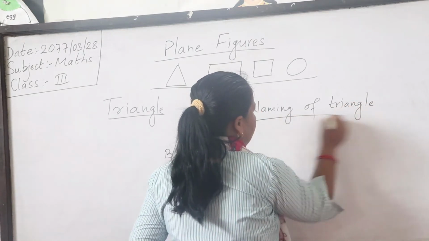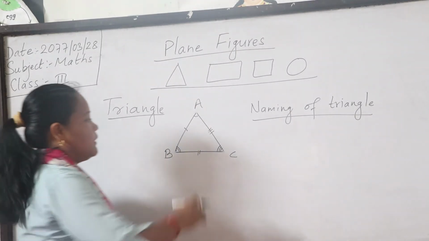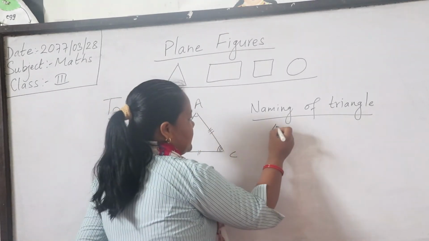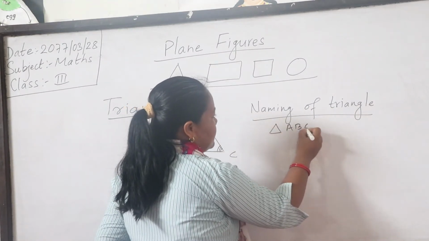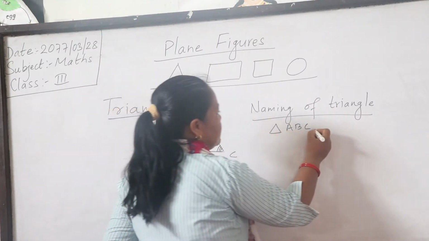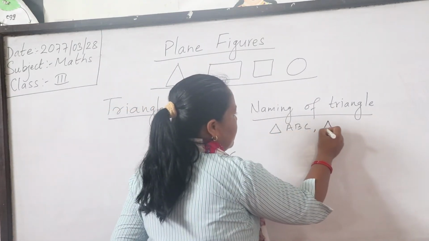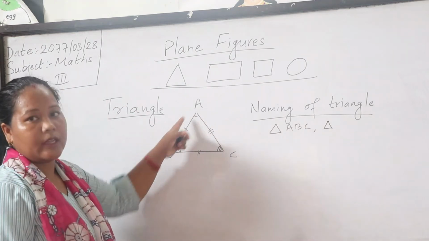Look at this triangle. This triangle is triangle ABC. If you read from the letter A, then its name is triangle ABC.